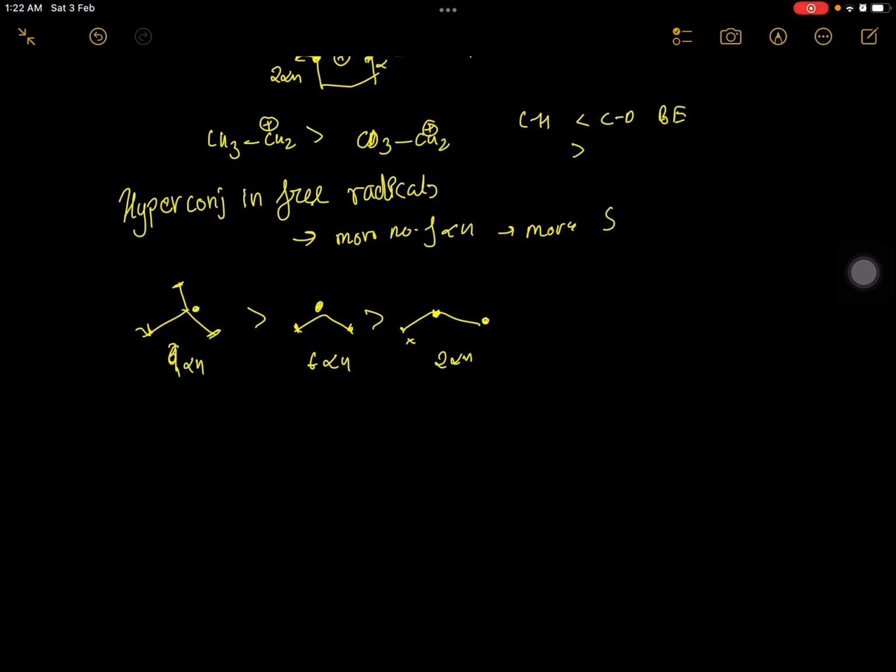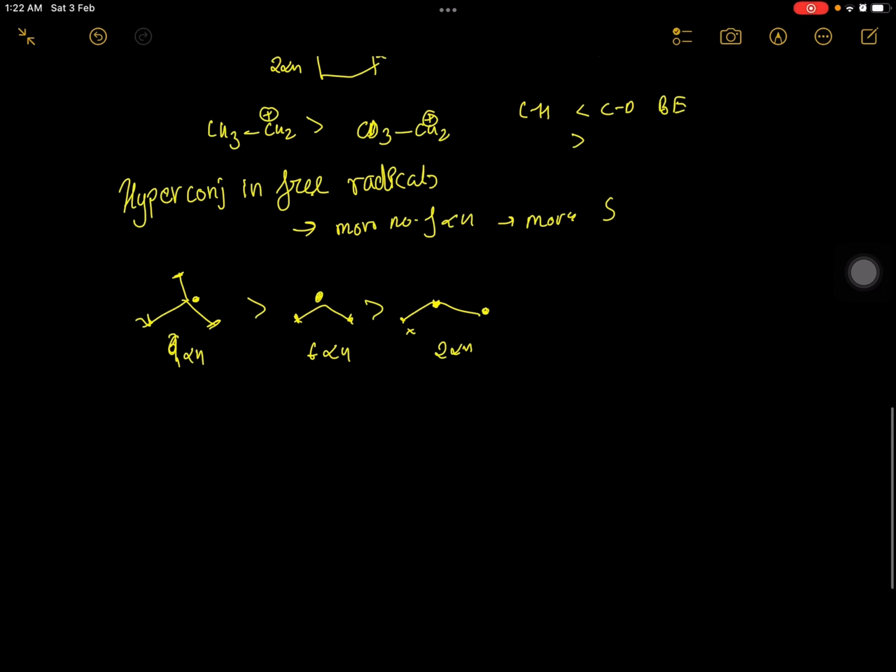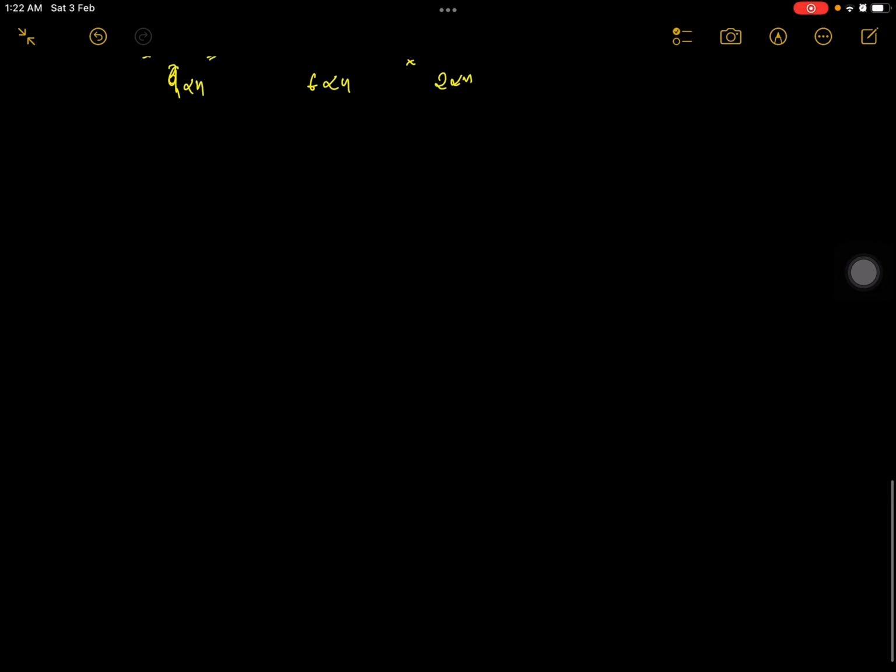Now hyperconjugation in alkene takes place between sigma and pi star. This is important. Now how does this take place? Let me do it. So you have a C, you have this H, you have C H, CH2, right?